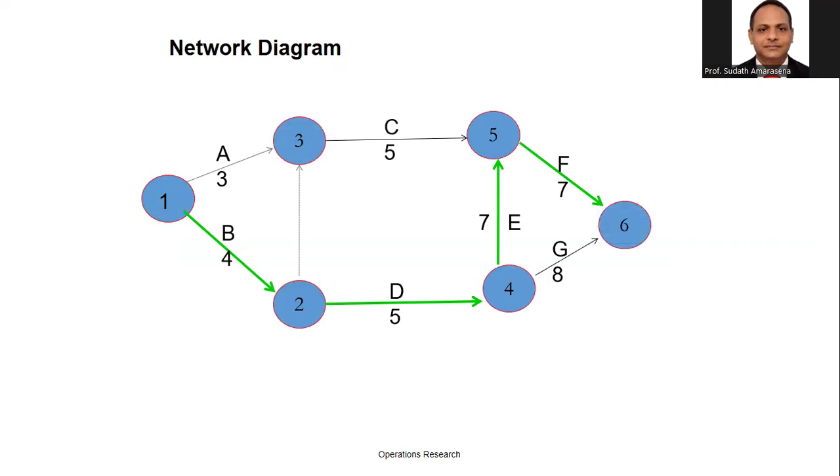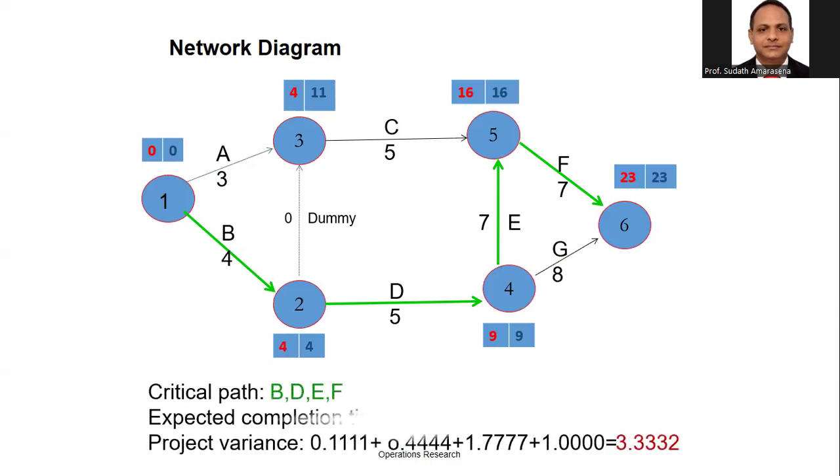After the network diagram, you should find the critical path. Then you can find the entire project completion time is 23 days. After that, you should do the calculation of the total variation. Remember, the total variation is only required for the critical path activities.